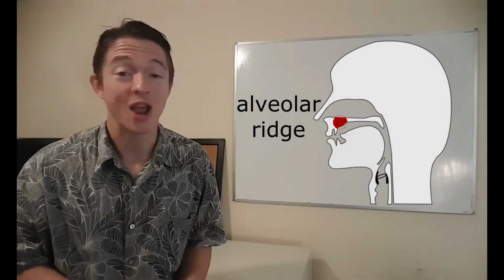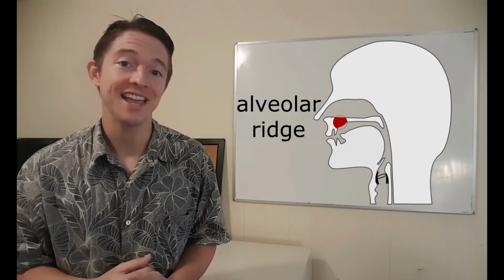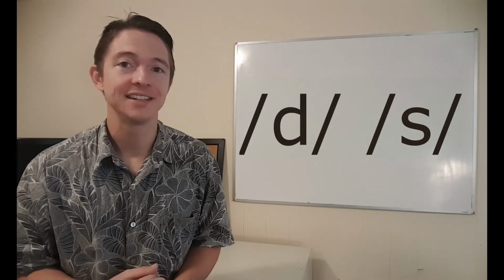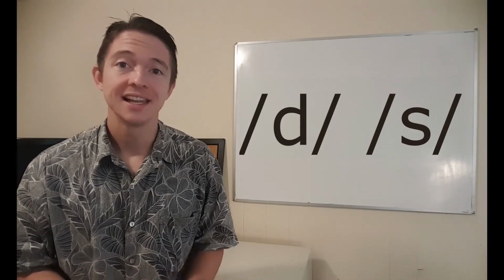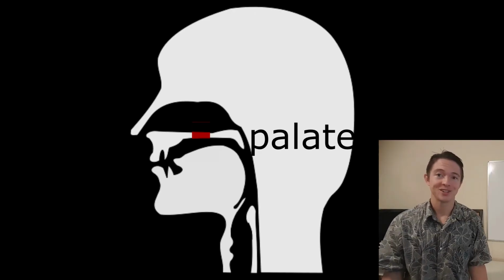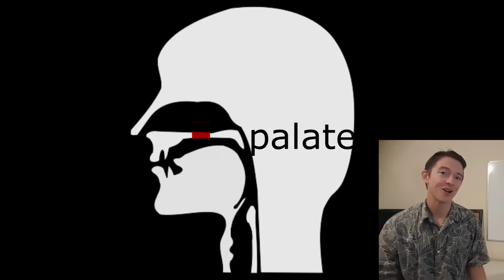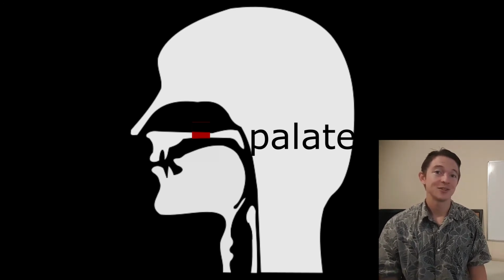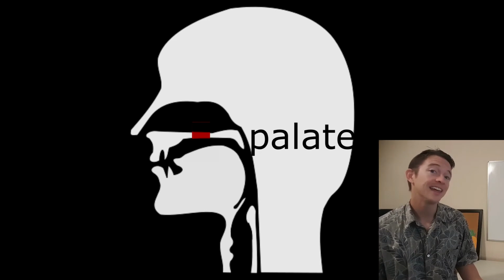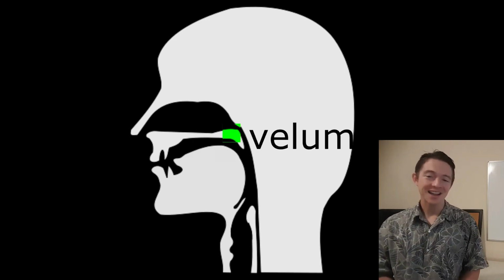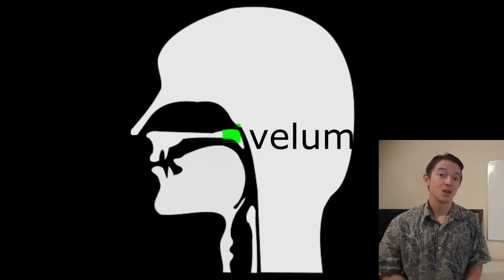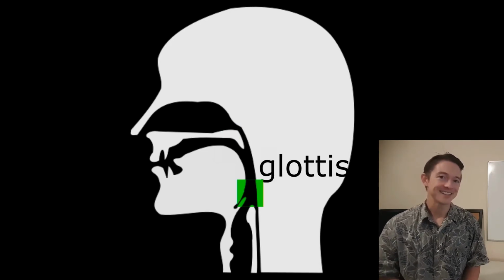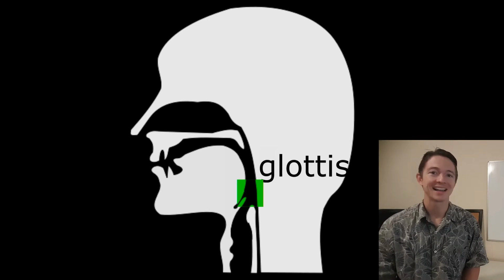You can use your alveolar ridge to say d and s. Behind the alveolar ridge is a soft part called the palate for sounds like y. In the back of that is the velum, where you make k. The glottis is all the way back.